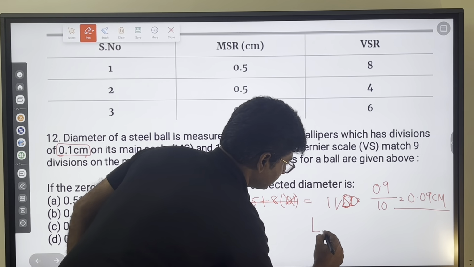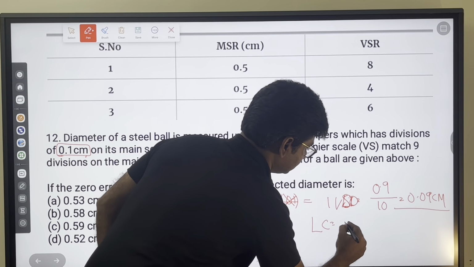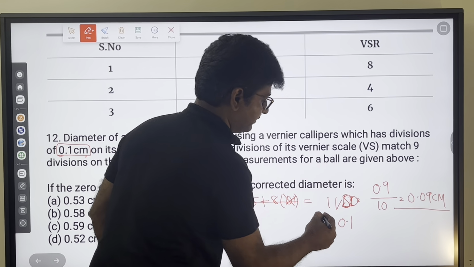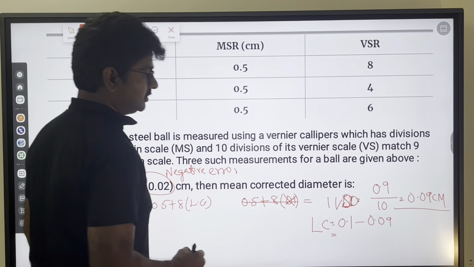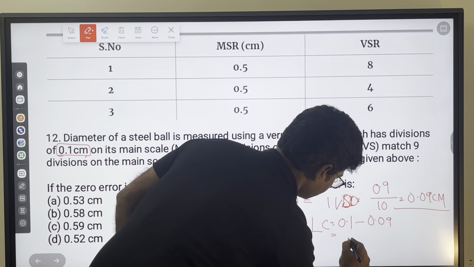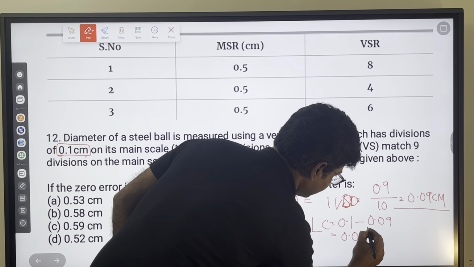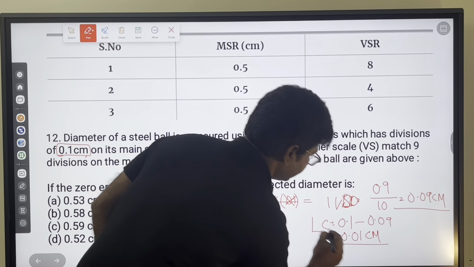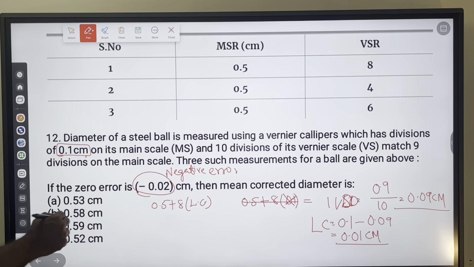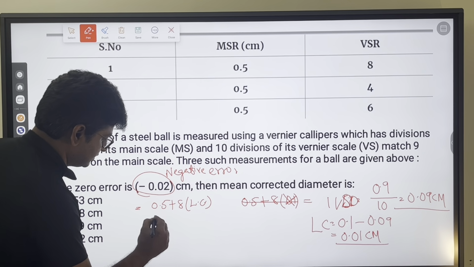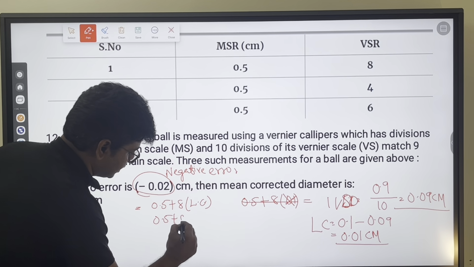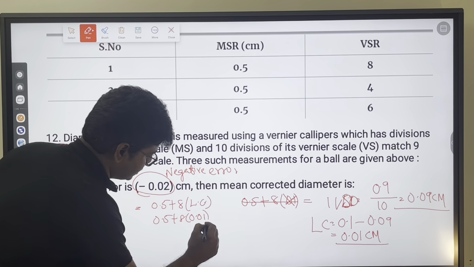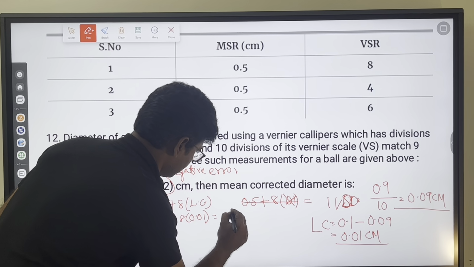Therefore least count is 1 MSD minus 1 VSD, that is 0.01 centimeters. This is the least count. So what we get is 0.5 plus 8 into 0.01, that is equal to 0.58.